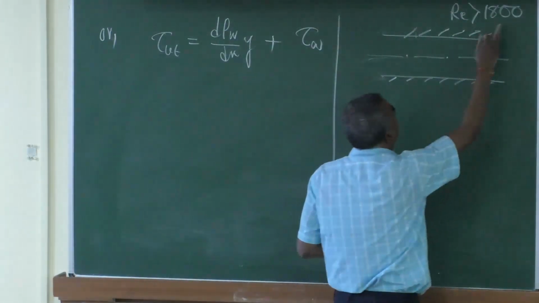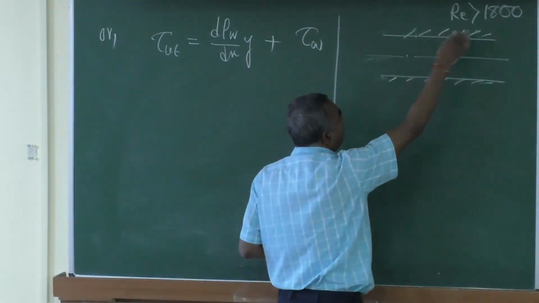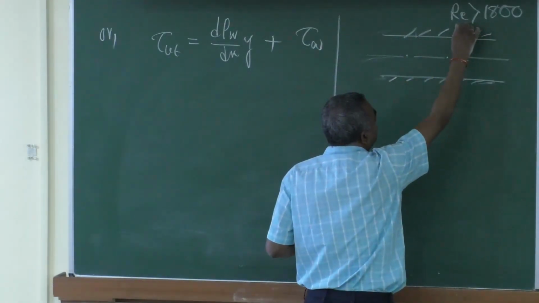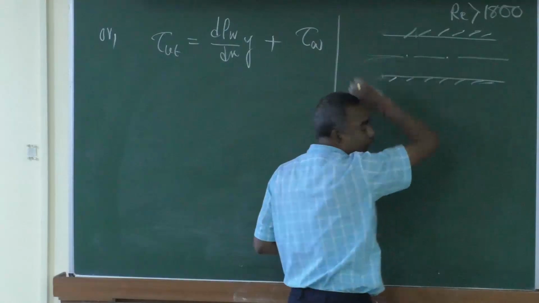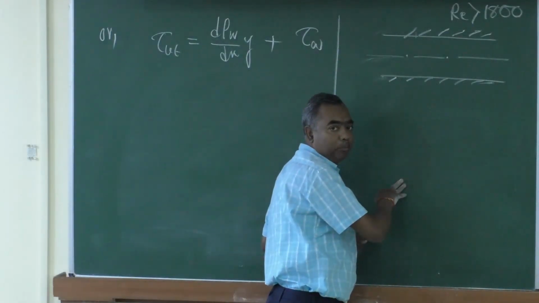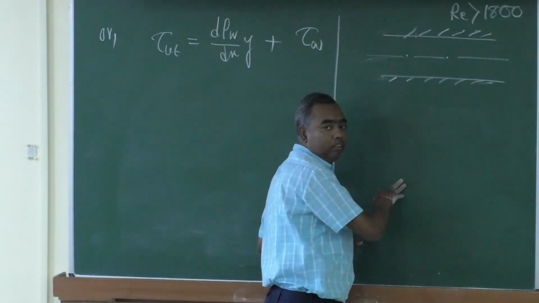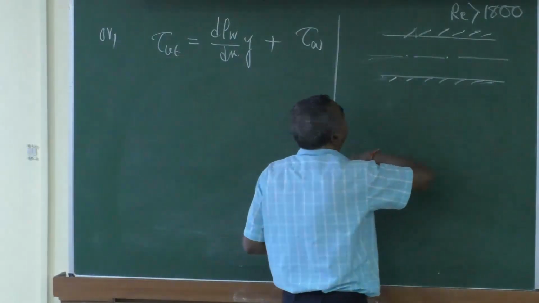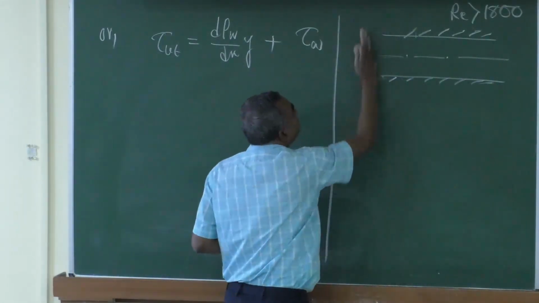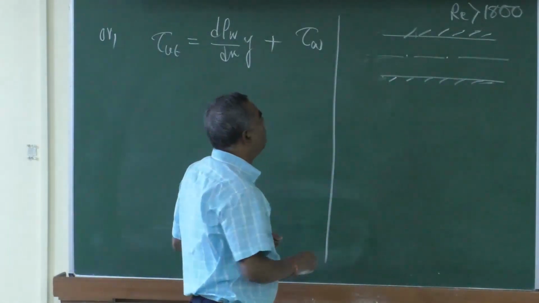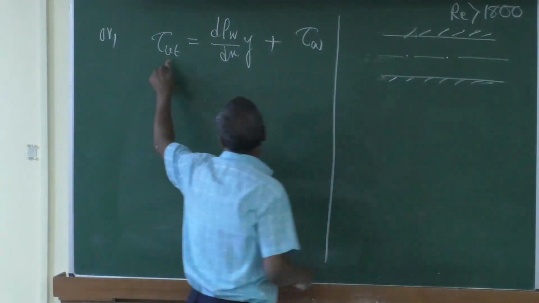So, I am just mentioning that we are considering channel flow greater than this particular Reynolds number, which is based on the bulk velocity as well as the channel height.